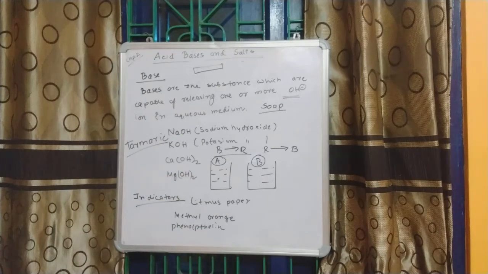This much is enough. In the next class, we will discuss in detail the properties of acids, how they react with different substances, and subsequently we will move on to bases.